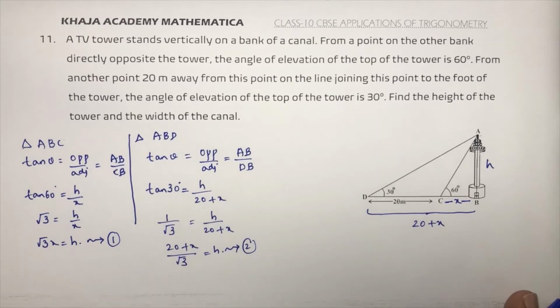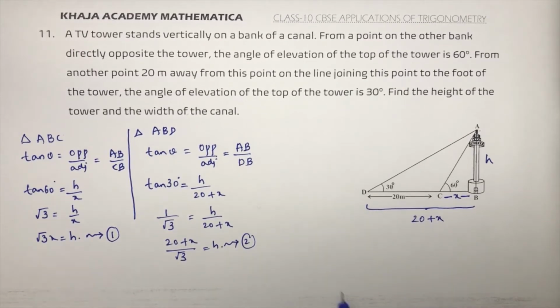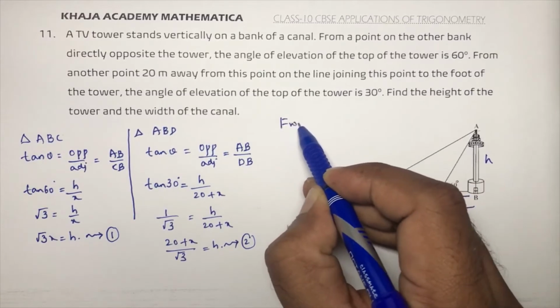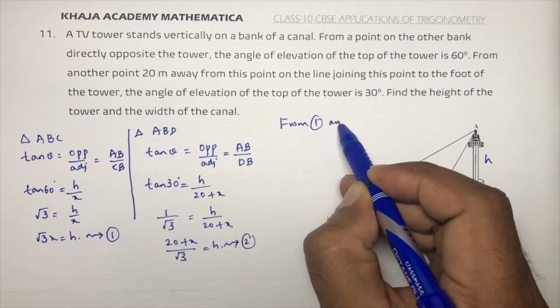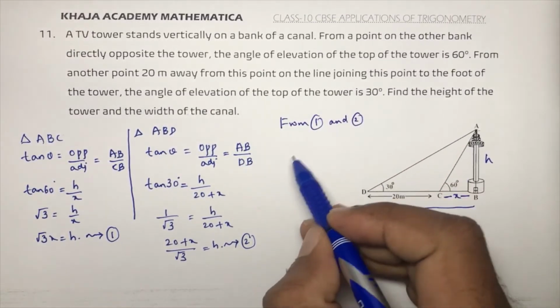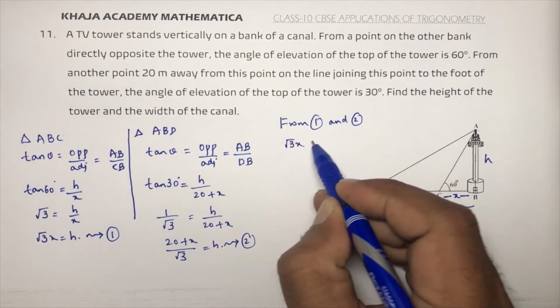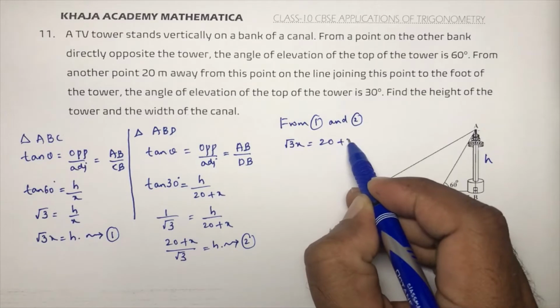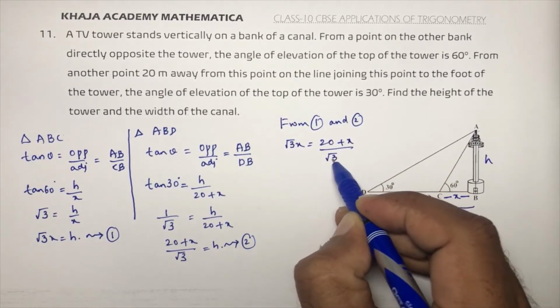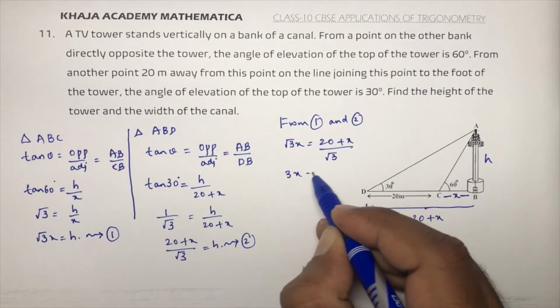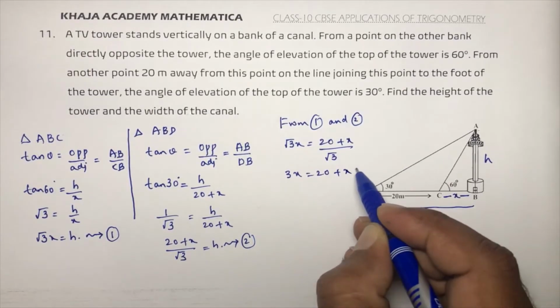Now from equation 1 and equation 2, both are equal to h, so I'll equate root 3x equals (20 plus x) by root 3. Root 3 into root 3 is 3, so 3x equals 20 plus x.